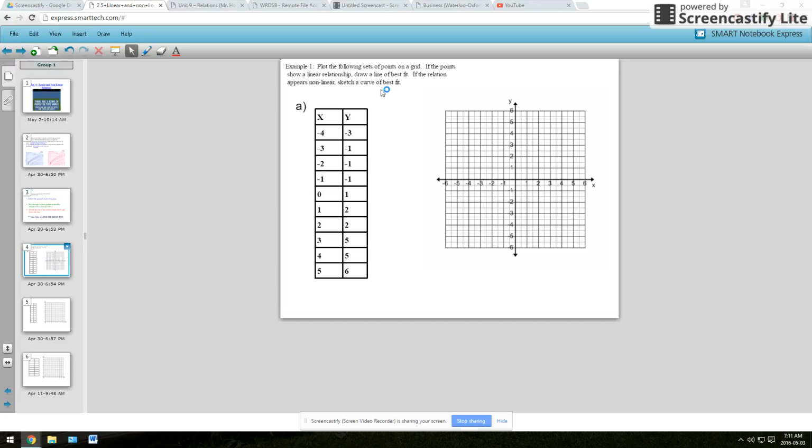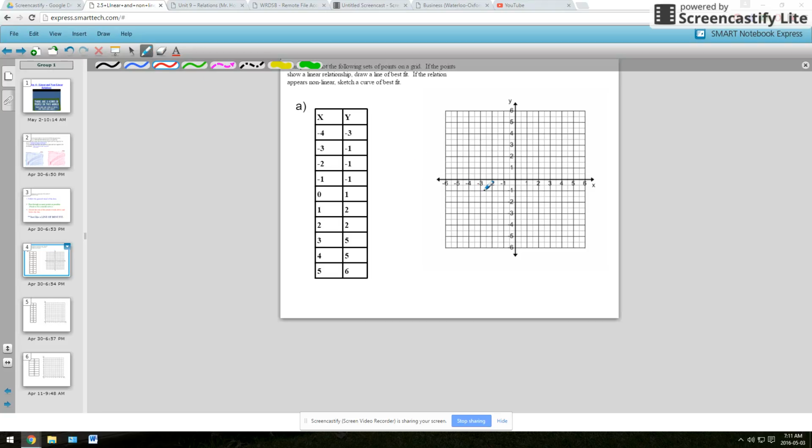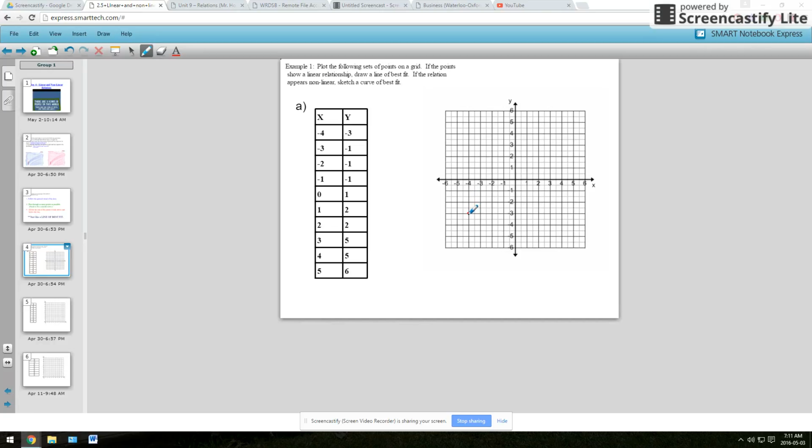So here is a table of values, gives us a bunch of x and y values in a graph. We're asked to plot it and show if it's linear, draw a line of best fit, and if it's non-linear, draw a curve. So you can follow along and put the points on. I'll do that here as well. -4, -3.